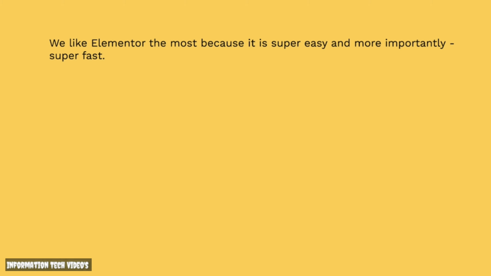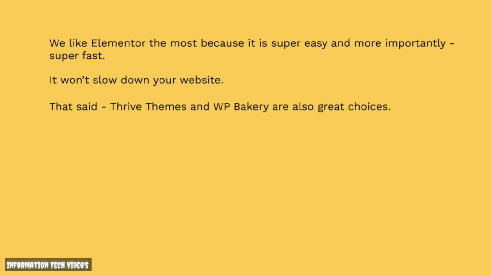So what we've done is when we've tested things, we found that Elementor has a lot of features, but it doesn't have a lot of coding. So it runs really, really fast and it won't slow your website down. So with that said, like I said, Thrive Themes and WP Bakery are really, really good choices.